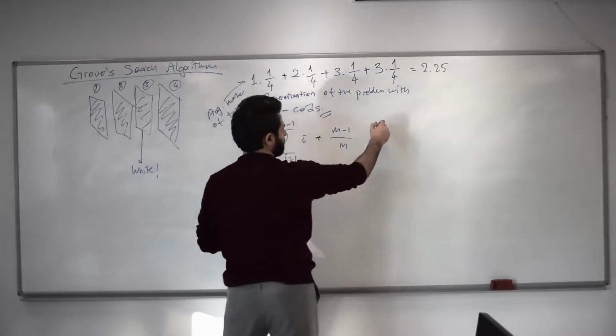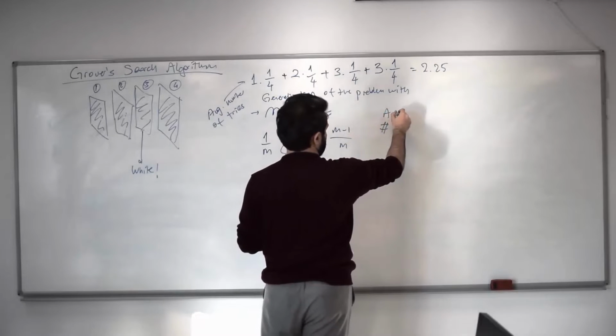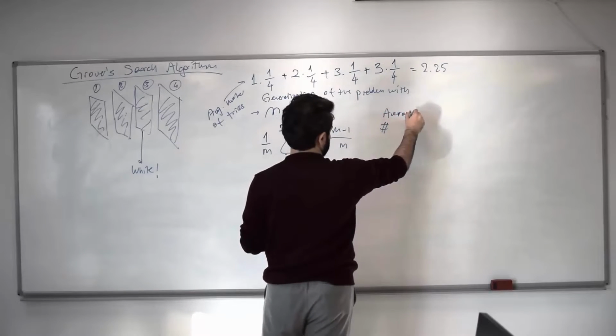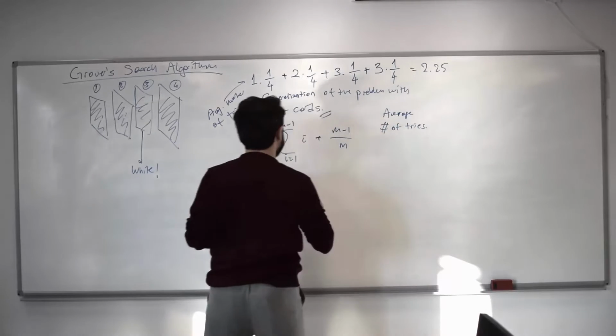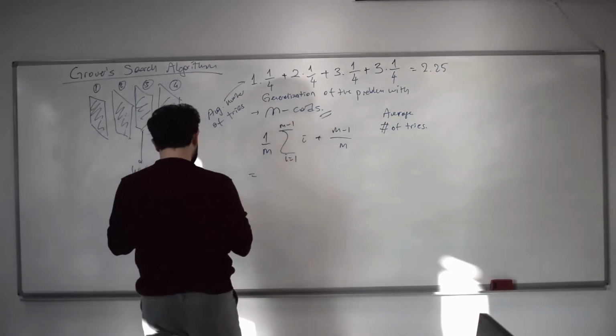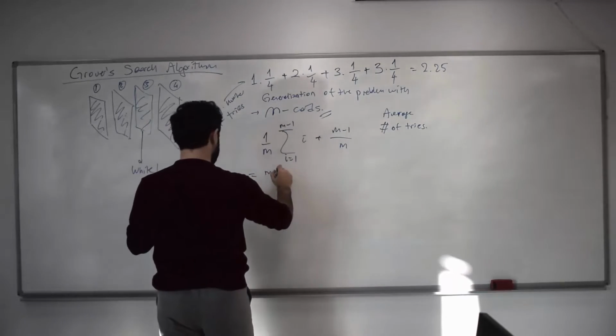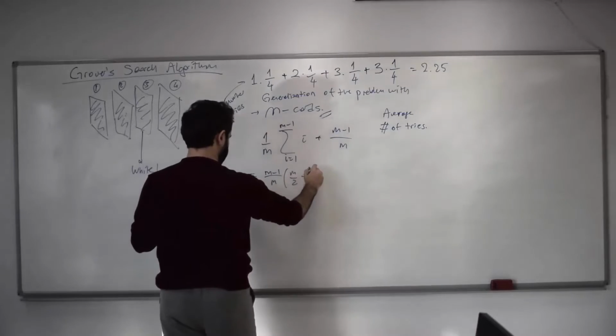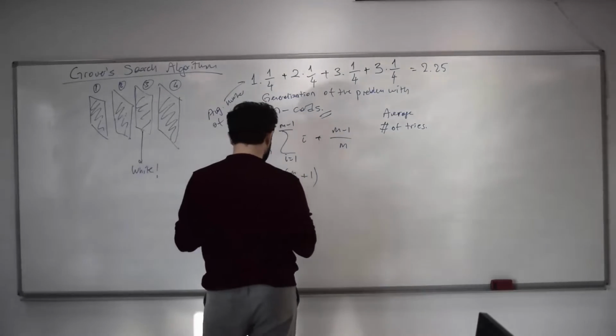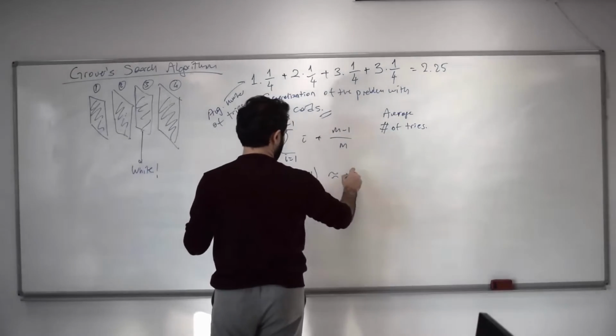Average number of tries. Okay? And if you just do this math, quite simply, it's going to give you (m minus 1) over m times (m over 2 plus 1). And that is O(m), right?